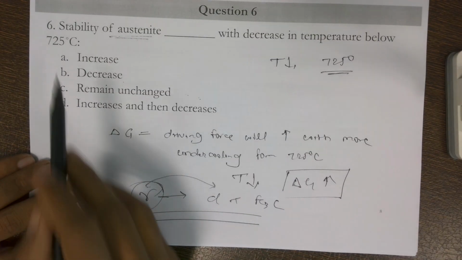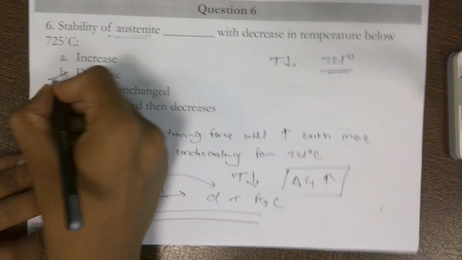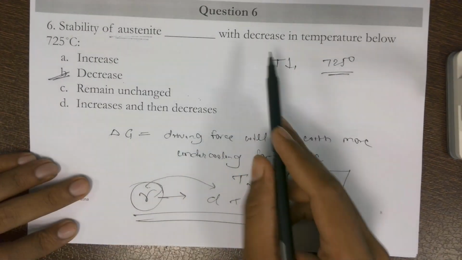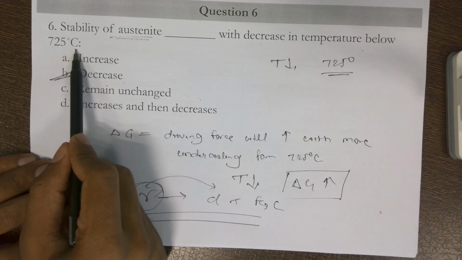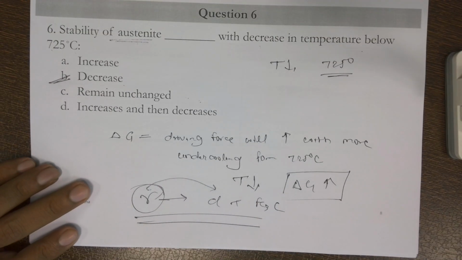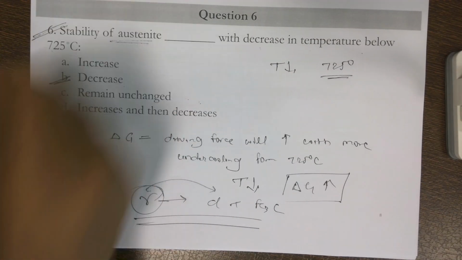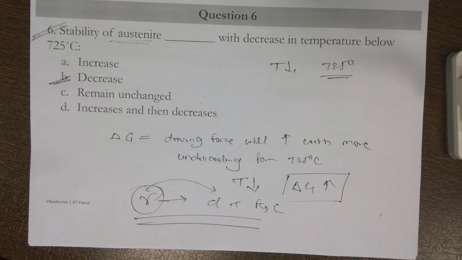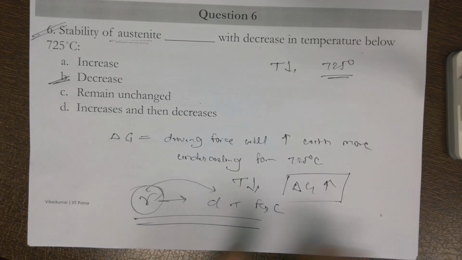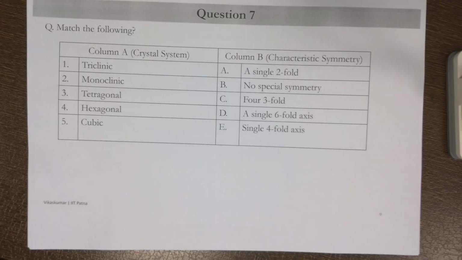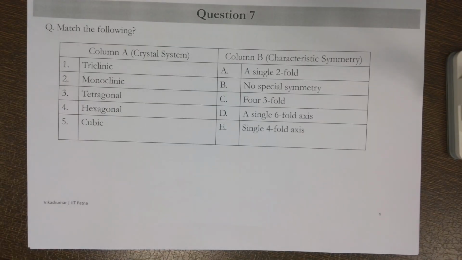So the stability of austenite will keep on decreasing as we decrease the temperature below 725 degrees Celsius. Clear, guys? If any doubt in this particular question number 6, please let me know. Okay, great. Since there is no doubt, let's move to the next question number 7. This is something which we keep on discussing starting off this particular session.